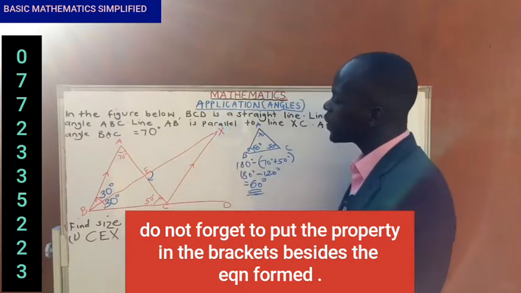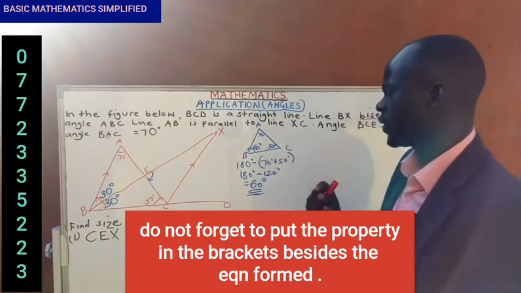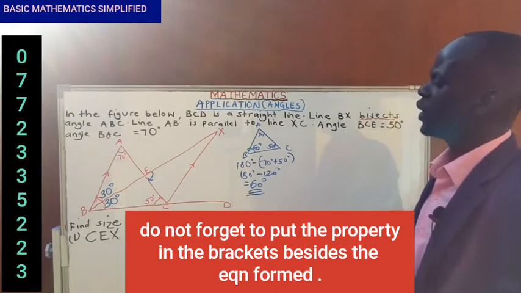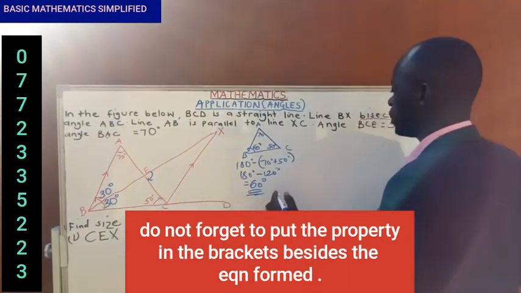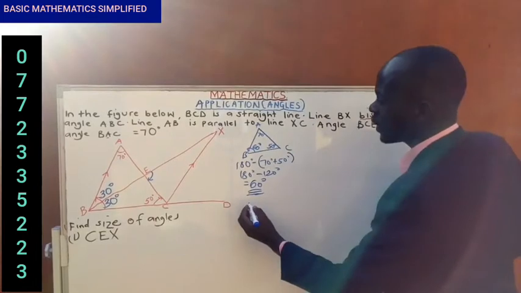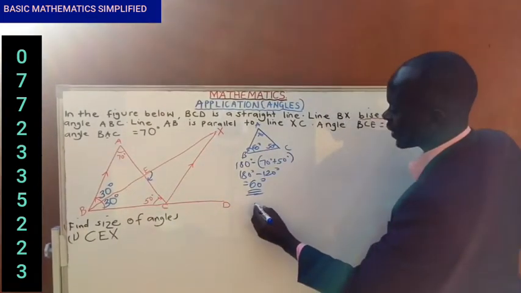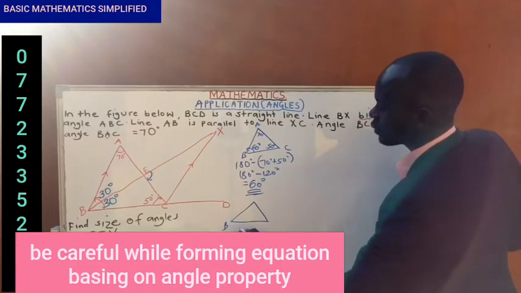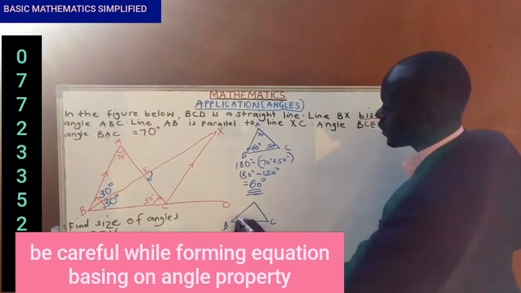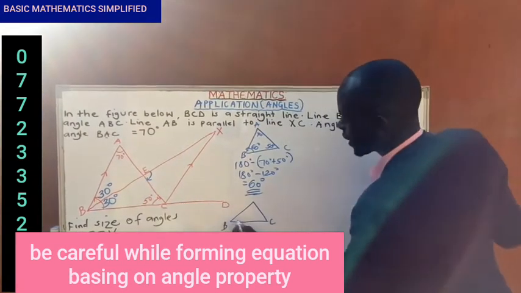Now, angle CEX becomes very simple. Actually, too simple when you have something like this. You pick this smaller triangle. This is B, this is C. Remember from here we are picking this 30 only.